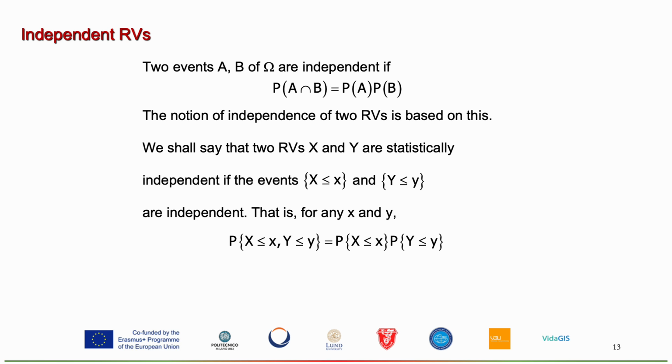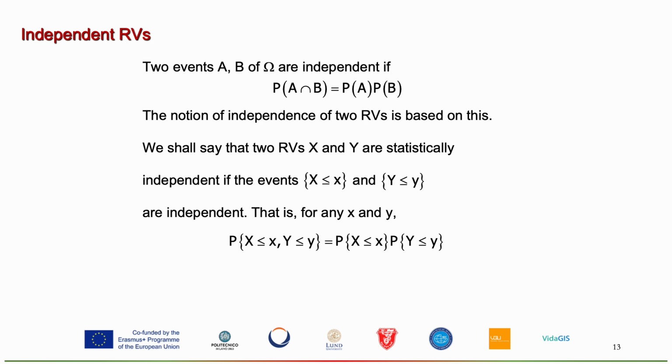Now let's generalize to random variables. So we have x and y. We define two different events, x smaller than a given value and y smaller than another given value. Let's suppose we define that they are independent.